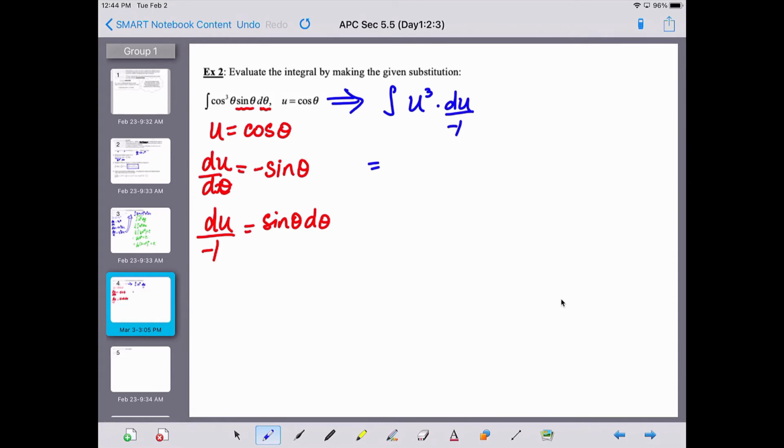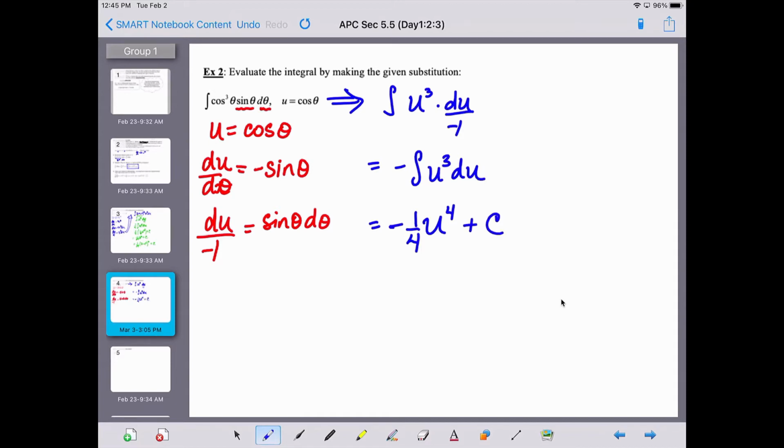So then this is going to be equal to negative the integral of u cubed du. And then I can go ahead and integrate this now. So I would change my exponent to the fourth and multiply in front by 1/4. I still need my negative sign, don't forget that. And then I need my plus c.